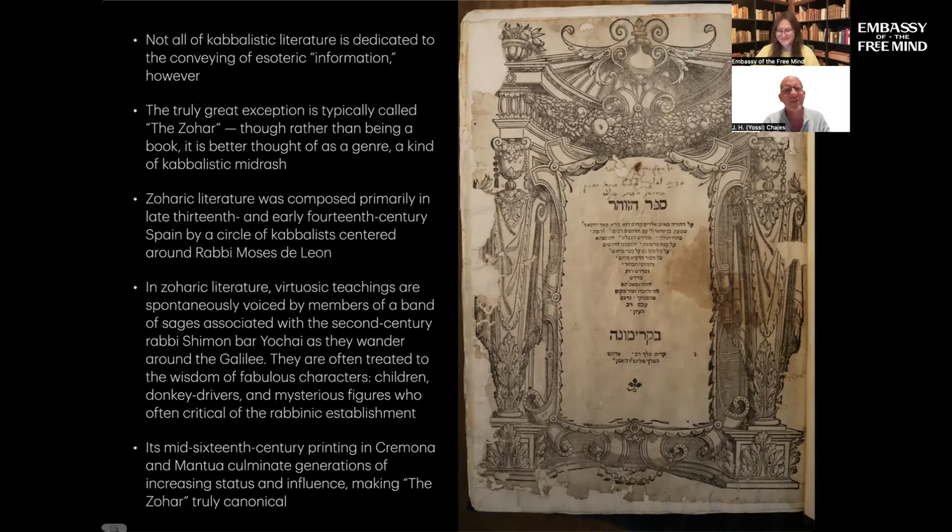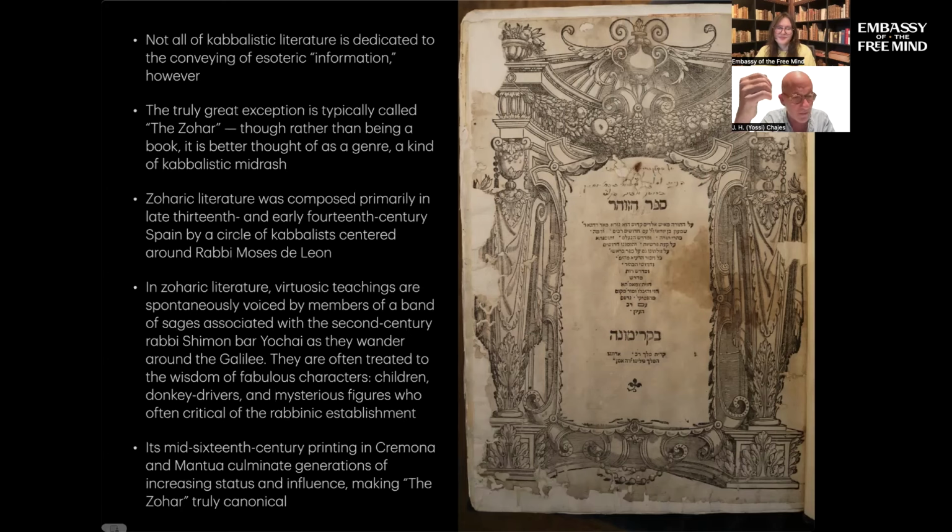But the Zohar is different from other Kabbalistic texts, primarily because it doesn't seem to be interested in informing its readers of these objective truths about these are the 10 Sfirot, and this is what you need to know. It's not a guidebook.